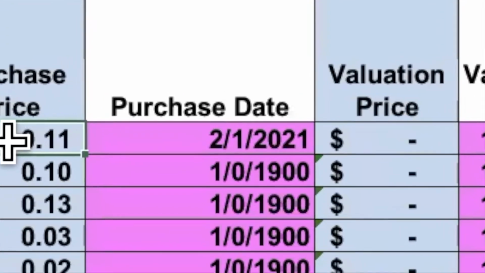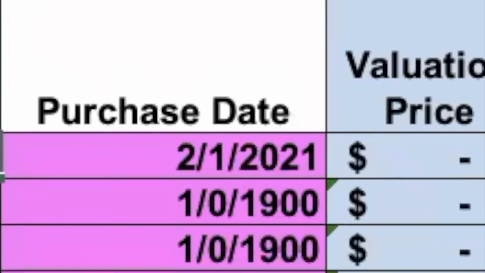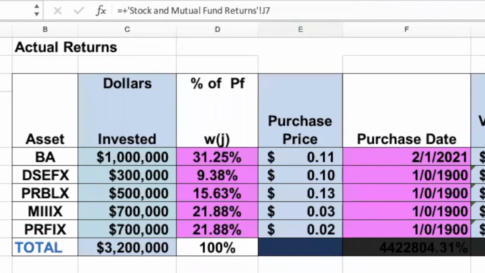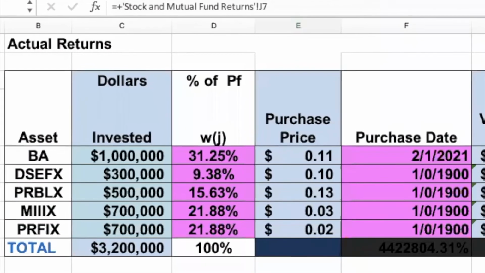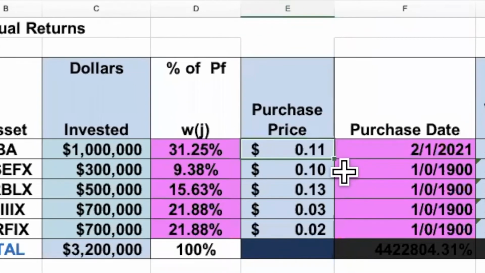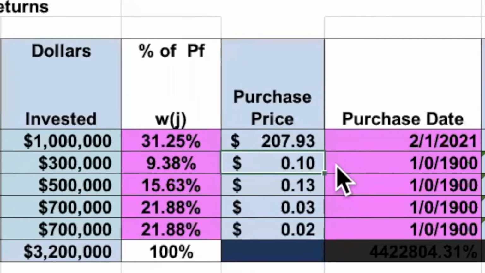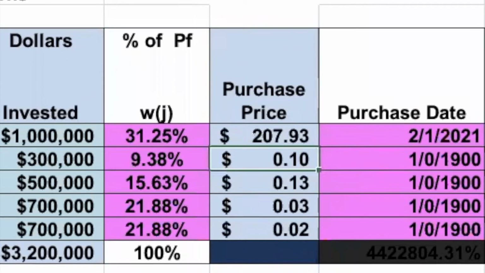And what did I pay for this stock on February 1? Let me go over here and find out. $207.93 is what I paid. So this would be in your purchase order in StockTrak.